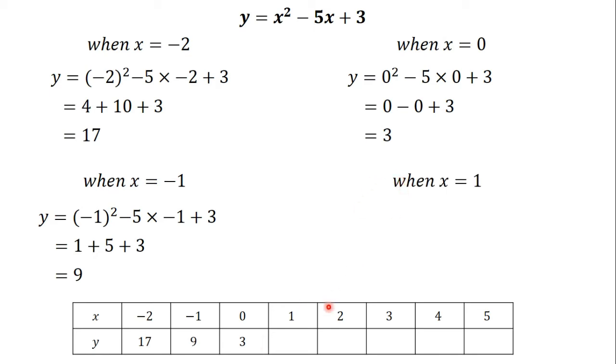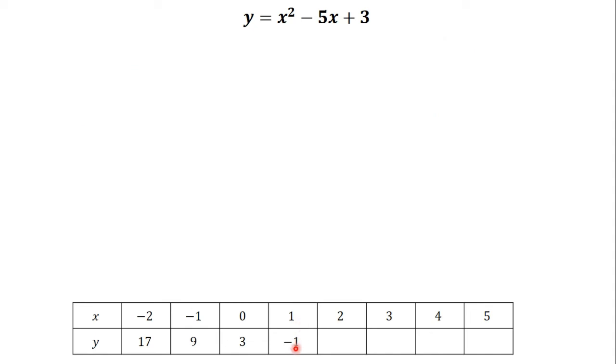The next x value in the table is 1. When x is equal to 1, y will be equal to 1 squared minus 5 times 1 plus 3. This will give us 1 minus 5 plus 3, and 1 minus 5 plus 3 will give us minus 1. So when x is 1, y is minus 1.